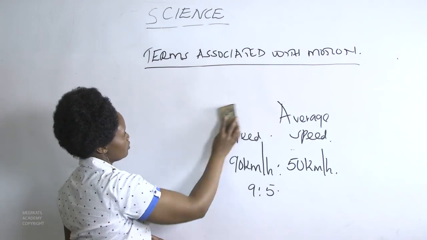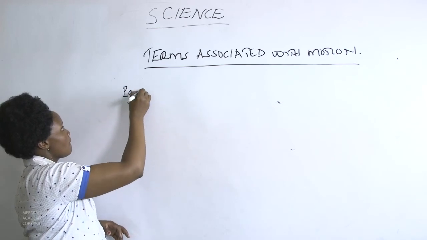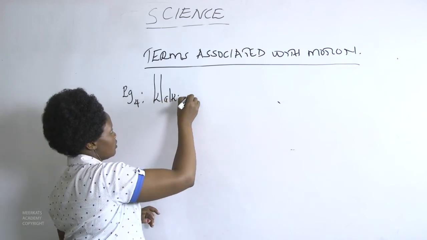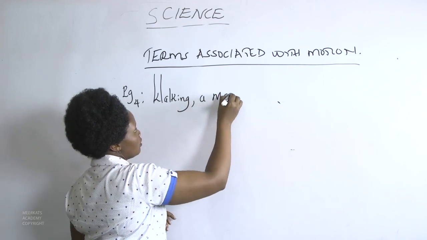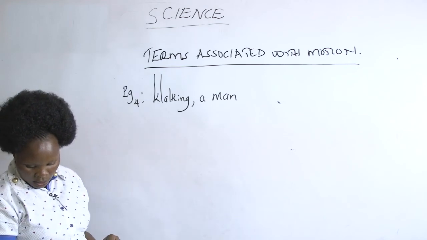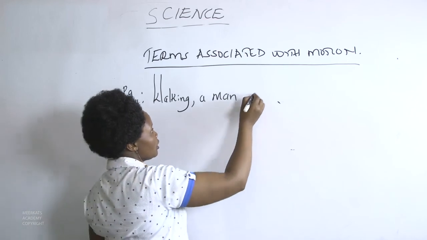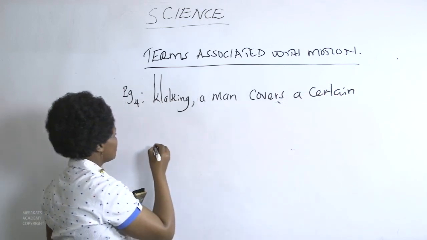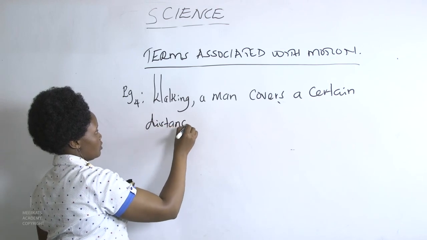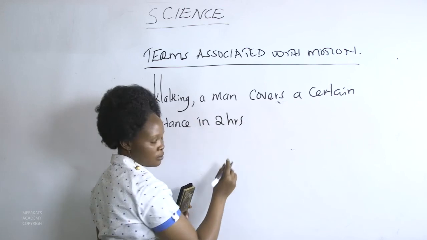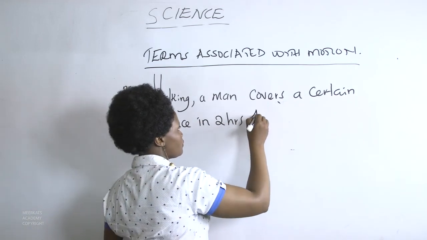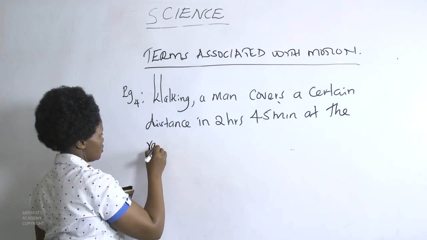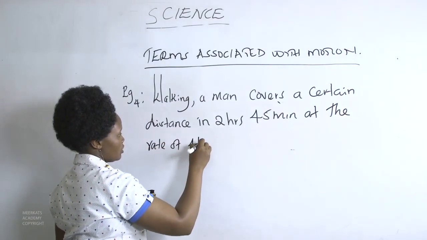Our next example, example 4. Walking, a man covers a certain distance in 2 hours 45 minutes at the rate of 4 kilometers per hour.